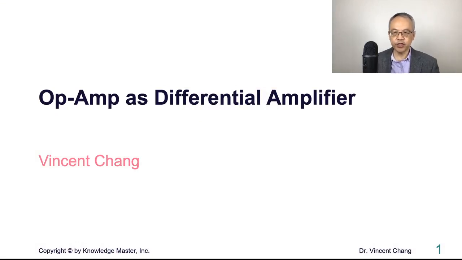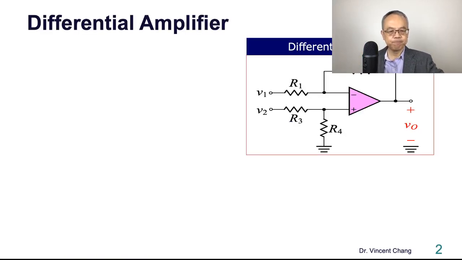In this lecture video, I'm going to teach you operational amplifier as a differential amplifier. Op-amp as differential amplifier. This is the circuit we want to study in this lecture.